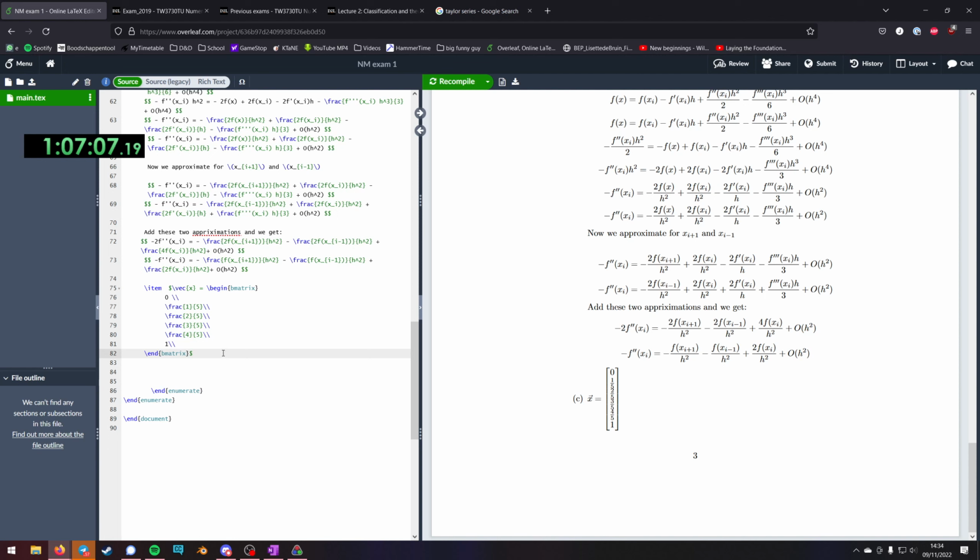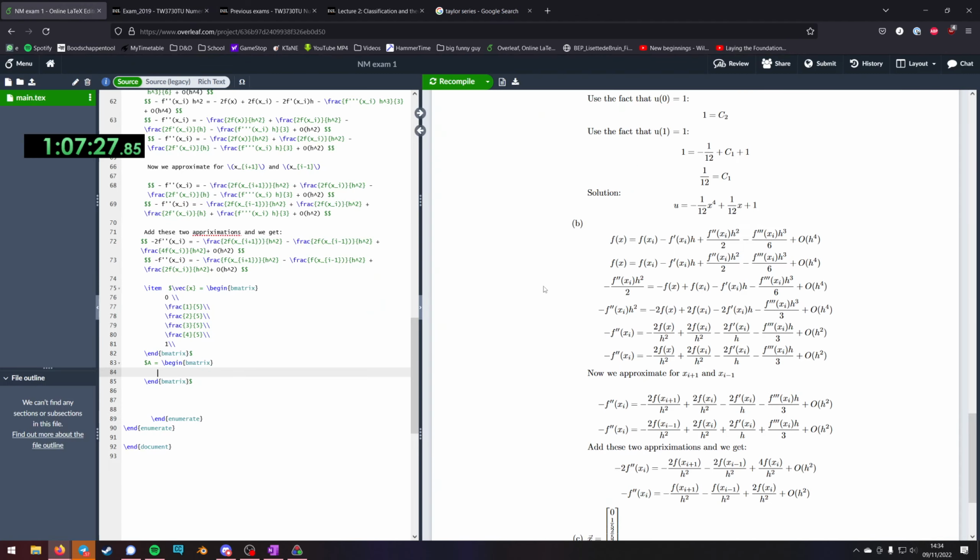So that's that. Then I'll write A out next, which is always my favorite thing to do. A is begin B matrix. So we want the double negative integral.